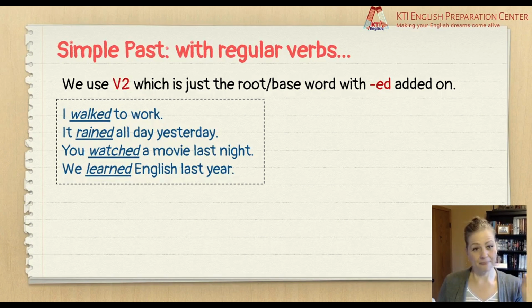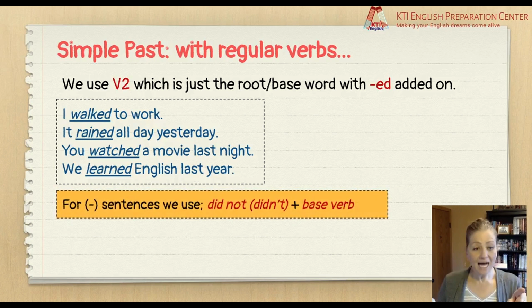But for negative sentences, when you're saying, no, this did not happen, we don't use verb 2 anymore. We use did not, or you can see I've got the contraction, didn't, and then we go back to the base verb.